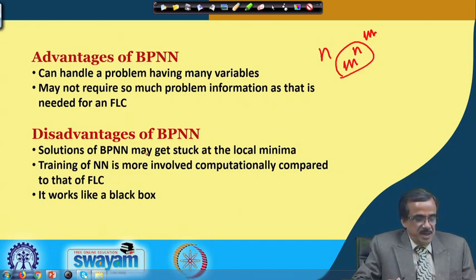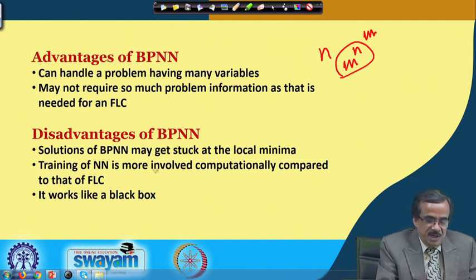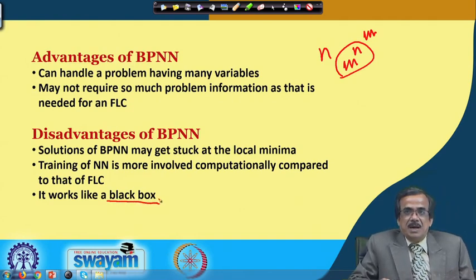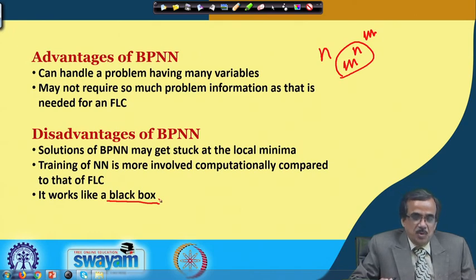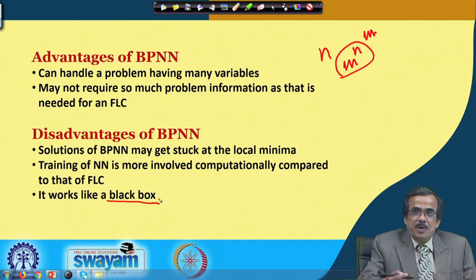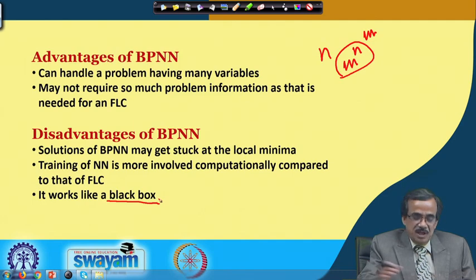And there is another drawback, that is, this multi-layered feed forward network is nothing but a black box. For example, we have a set of training scenarios and we train the network. For training, what we need is, for a set of training input parameters, what should be the set of output parameters, and these relationships should be known for a large number of training scenarios.